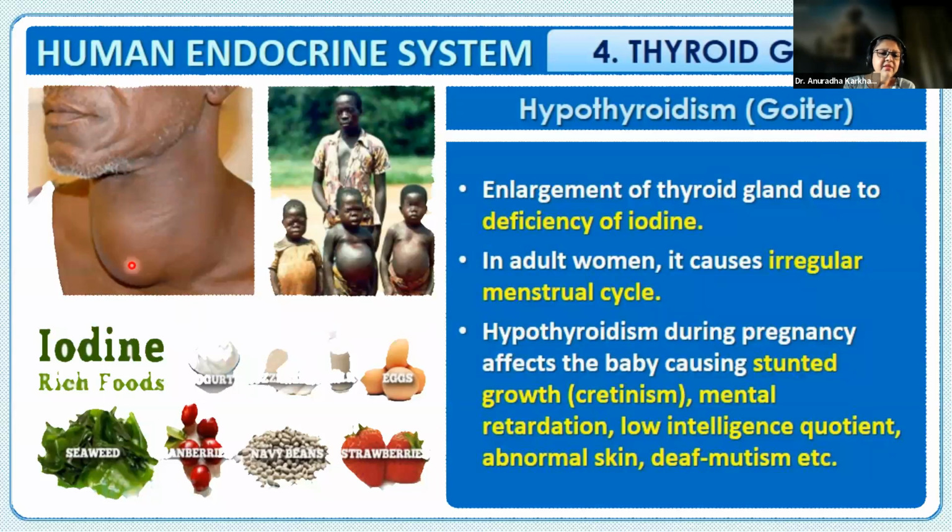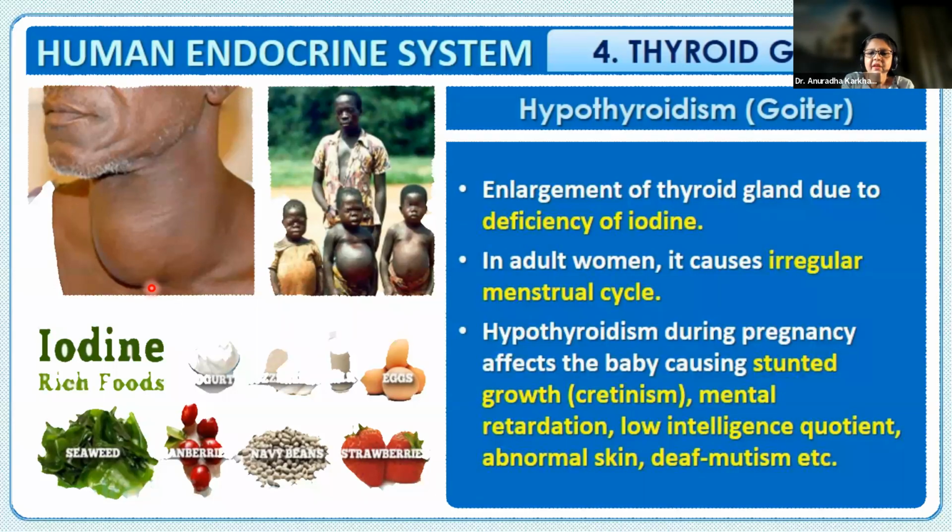ये देखो. Yes, Bhumi, correct बेटा. Hypo is less, hyper is more. Yes. ये देखो. Look at this man. You can see his entire part, like completely swollen. So this is called as the symptom of goiter, and goiter is because of hypothyroidism.